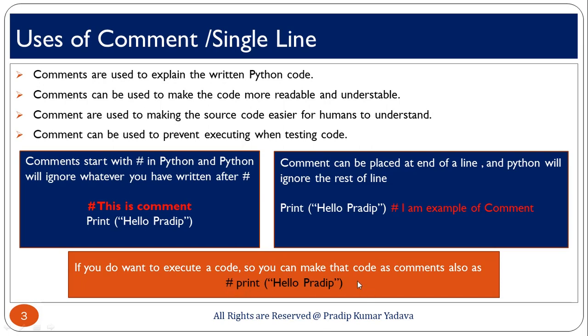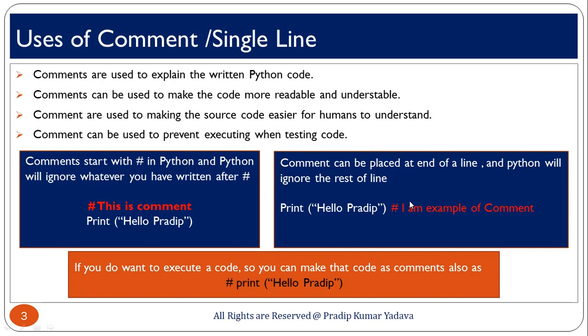Suppose you have written 5 lines of code, and for testing purposes you want a particular piece of code not to take part in execution. You only have to make it a comment: just write hash in front of that code and it will work as a comment. Here I have given 3 examples. So this is an example of a single line comment.